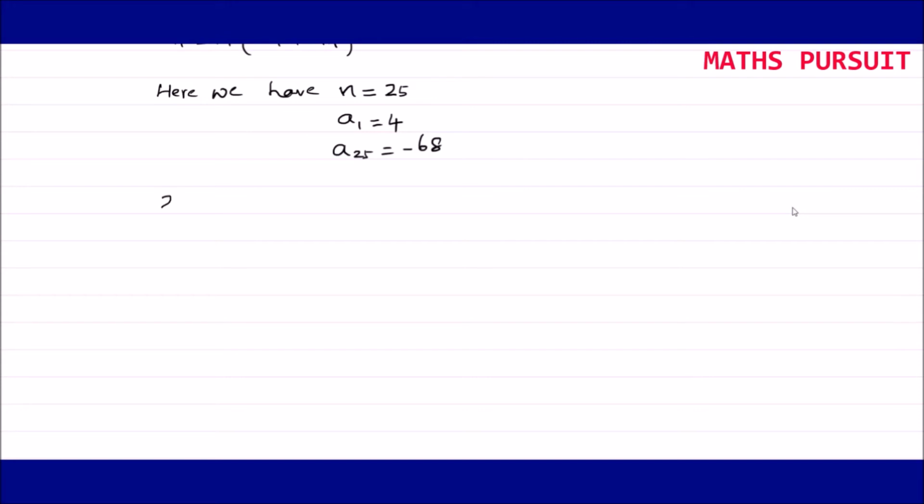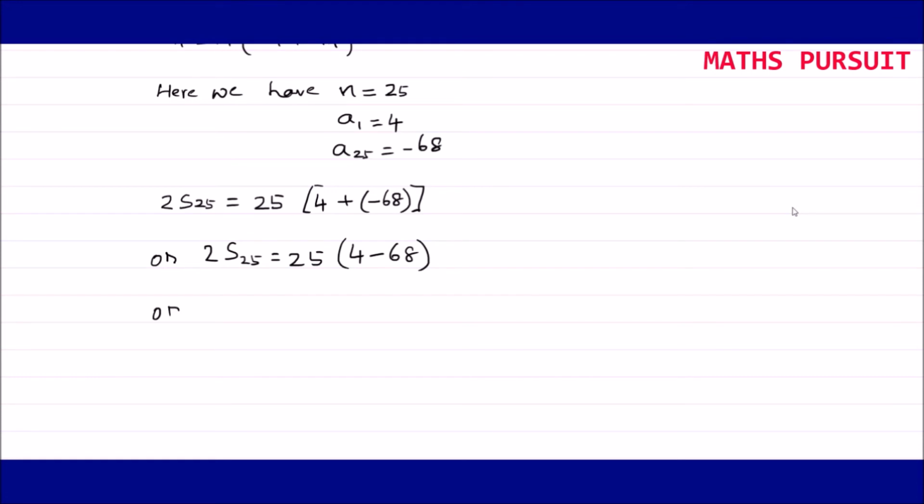So I can write 2S25 is equal to the value of n here, 25, into (a1, which is 4, plus minus 68), because the value of an is minus 68. Or I can write 2S25 is equal to 25 into (4 minus 68).